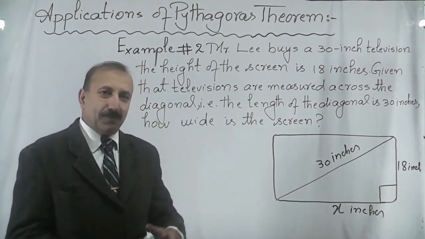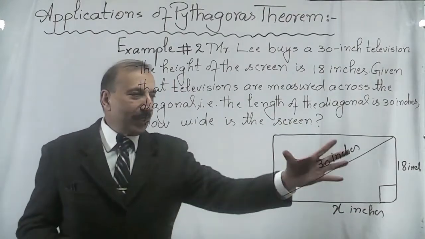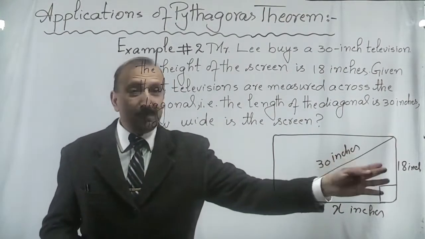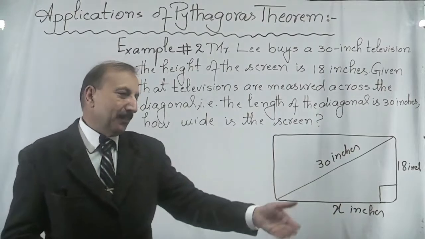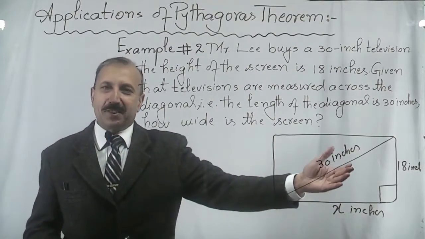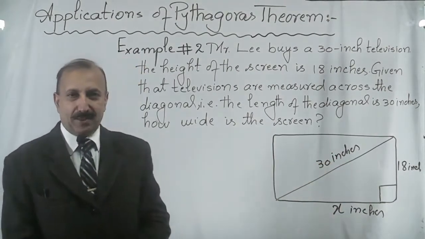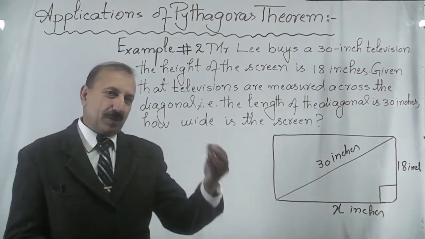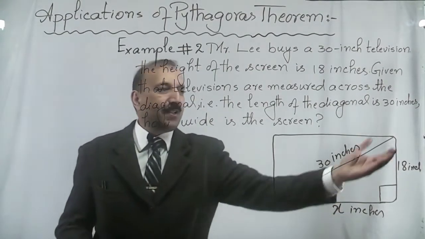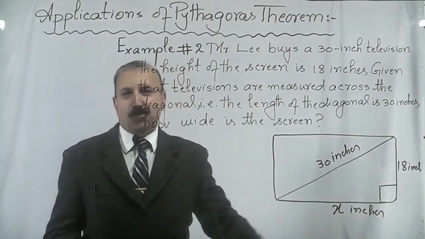So, you will first focus on drawing the correct picture and labeling the values, and then you can see here one portion is representing a right angle triangle. Moving towards the concept of Pythagoras theorem, because three sides are involved here, one we are supposed to find.